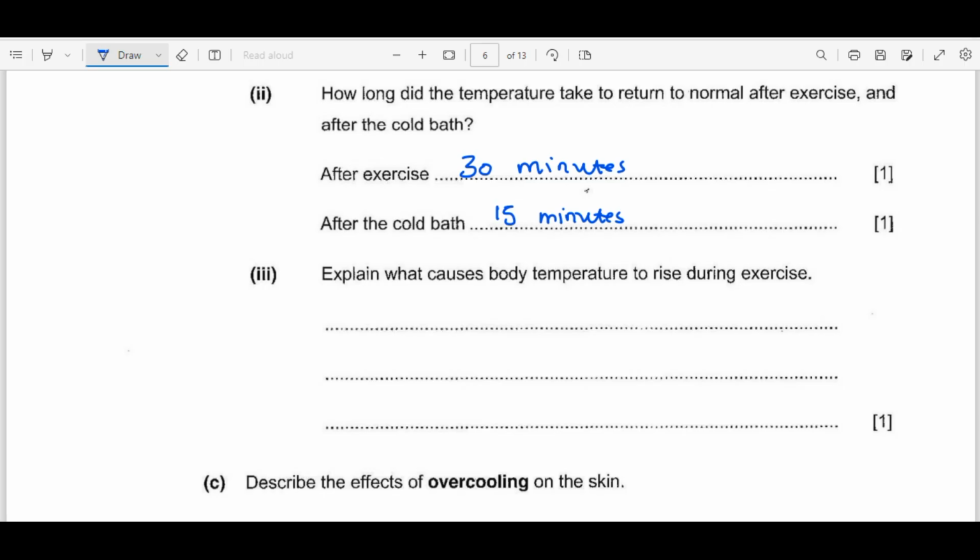So we'll say during exercise, respiration releases energy in the muscles.